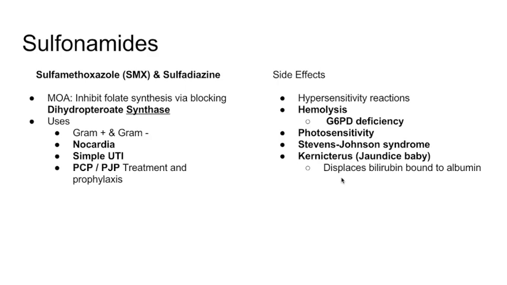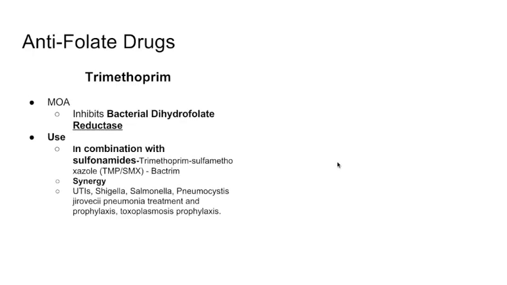The whole idea is that sulfonamides displace the bilirubin that's bound to albumin and make free bilirubin, and it causes the baby to be jaundiced. So the biggest high yield for sulfonamides: inhibits synthase, and then G6PD, Stevens-Johnson, and kernicterus.